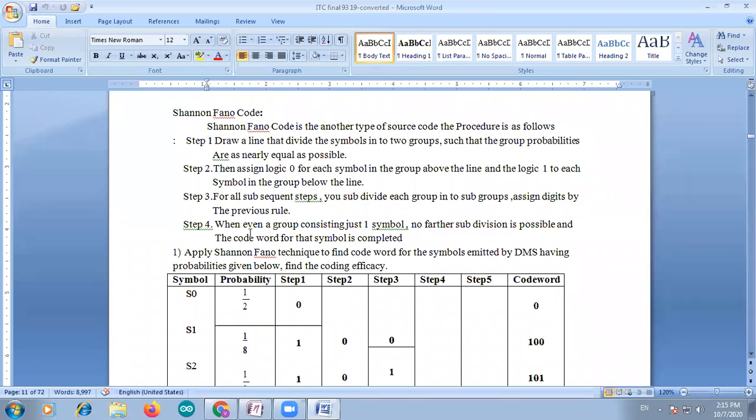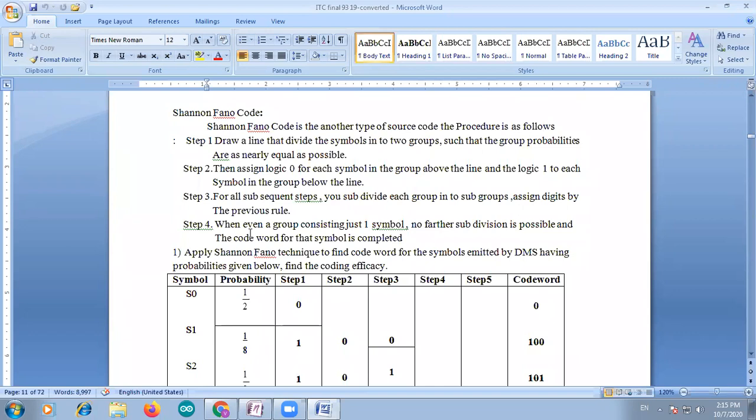If there are 4 symbols, the entire symbol probability should be equal to 1. Then you can divide the symbols into 2 groups. Suppose 2 symbols are one group and 2 symbols are another group. So these two symbols have probability 0.5, and the other symbols have probability 0.5.